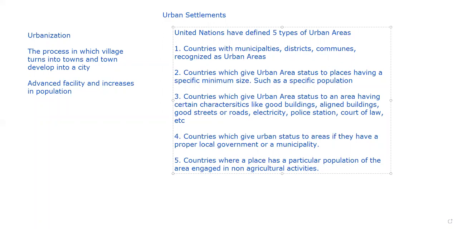So this is type 5, and these are 5 types of countries who have different categories of urban areas.